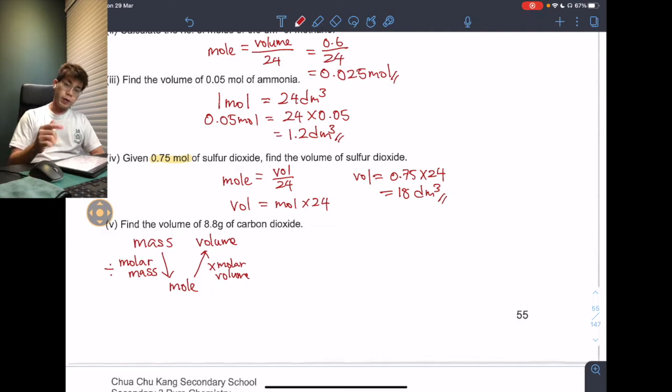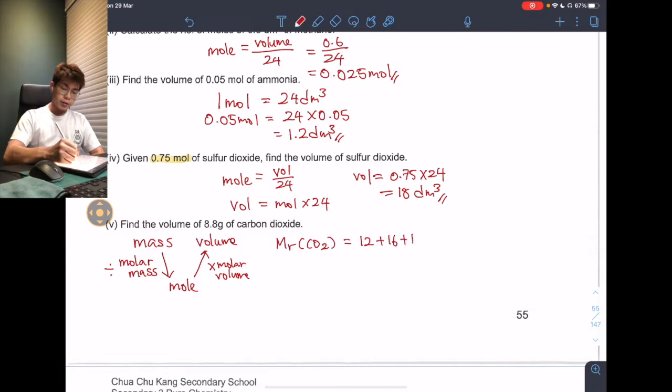I have 8.8 grams of carbon dioxide. Firstly, I need to find the Mr of carbon dioxide. Mr of carbon dioxide is 12 plus 16 plus 16. Just to recall, why we find Mr is because we want to convert from mass to mole. So this is equal to 44. Now to convert from mass to mole, I know this is molar mass. Molar mass states that 44 grams of carbon dioxide is equal to 1 mole.